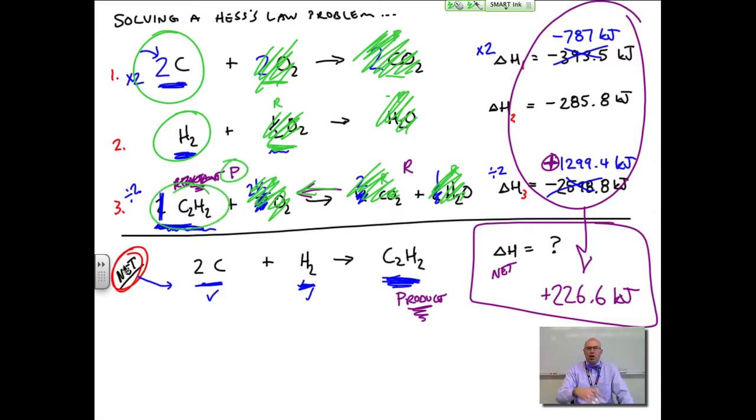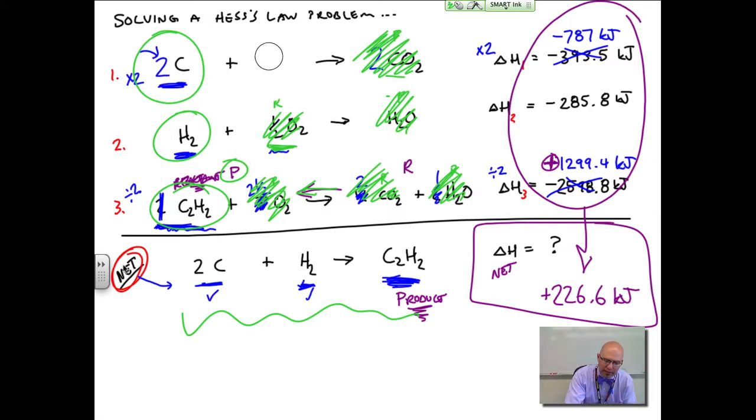So notice all those other things in the equations end up getting canceled. You don't have to worry too much about it. As long as you're going through your net and making the net happen, you're in good shape. The only thing I would remind you is, let me clear this up here.